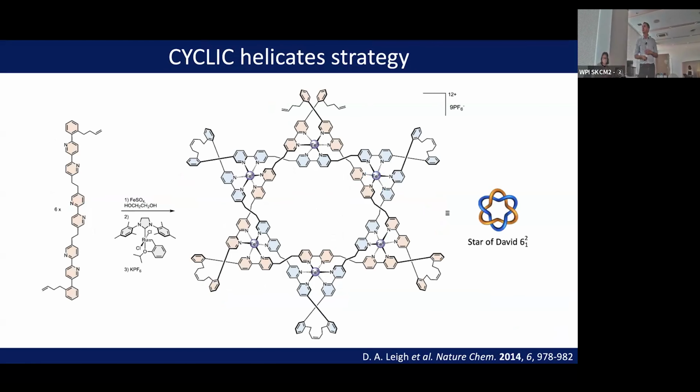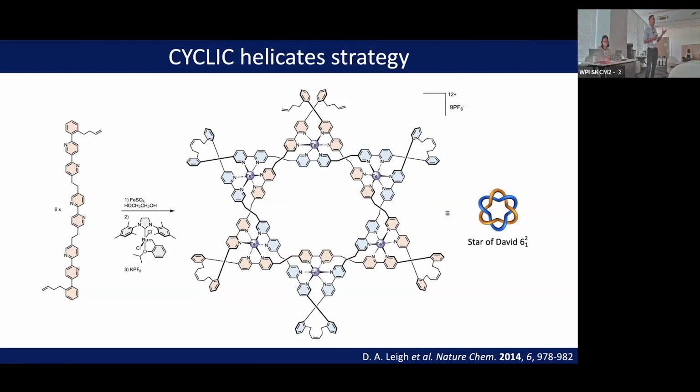And so a few years later, the same team reported the synthesis of a Star of David using a very similar strand that now forms a hexahelix. At the end of this hexahelix, they appended reactive double bonds, which can react together using this catalyst metathesis to form the closed structure.